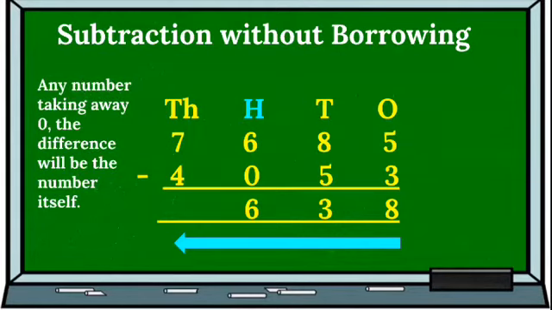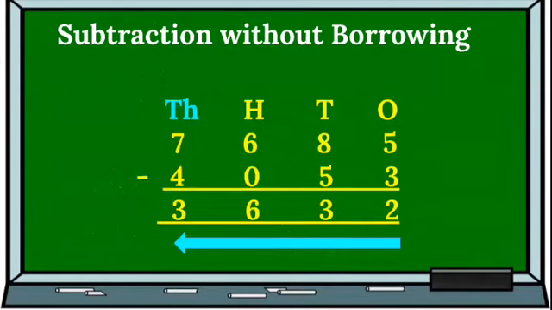Now any number taking away 0, the difference will be the number itself. We saw that in the example, where 6 take away 0 gave us the difference again of that same number, 6. Thousands, 7 take away 4 gives us a difference of 3.